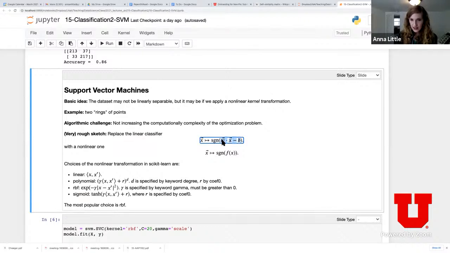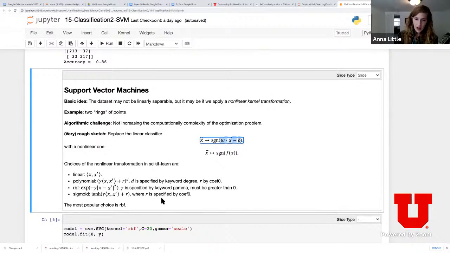But w·x minus b is a linear function of x, and we could have chosen that to be a nonlinear function of x. So more generally, we can think about the general procedure as mapping x to the sign of f(x), where now f(x) can be any function. It doesn't have to be a linear function. And when f is nonlinear, it will create nonlinear boundaries between the classes.